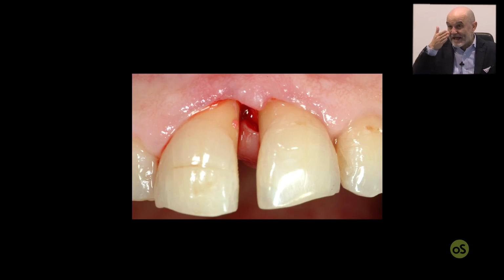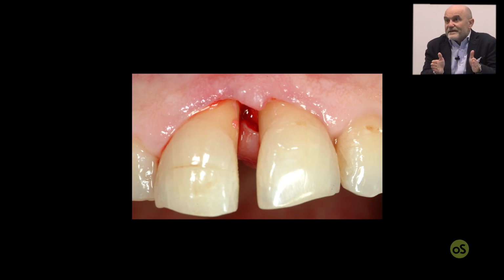So in order to get access to the deepest portion, it is not enough to open one papilla and have good visibility of the root surface that you have to treat. And most of the defects, even if they are not deep, have a supra-bony component. Do you remember what the supra-bony component is? It is some bone loss also at the healthy tooth, and so the defect starts more apically.